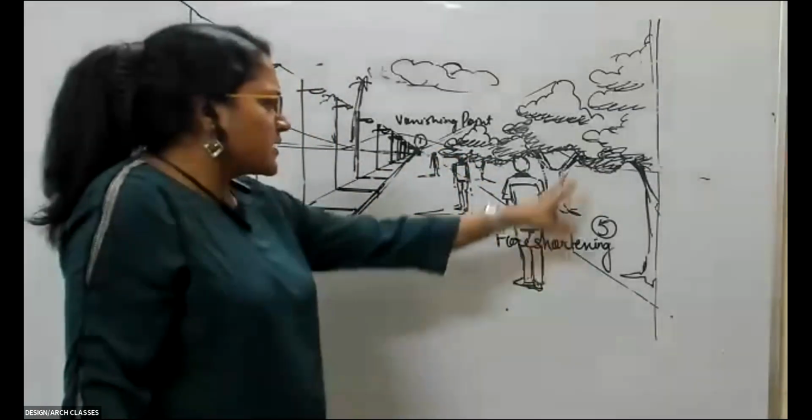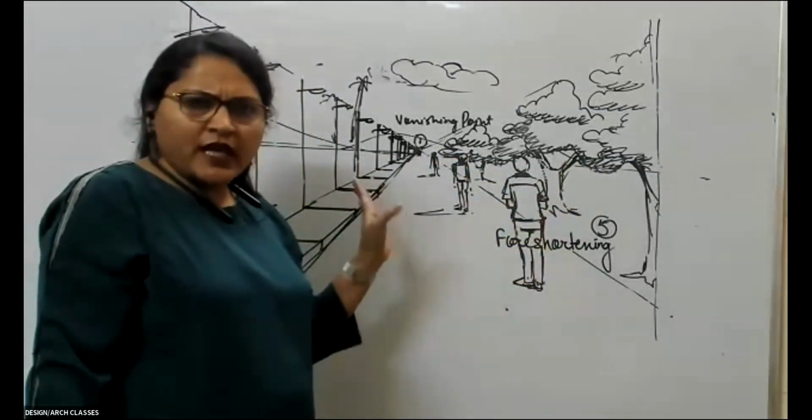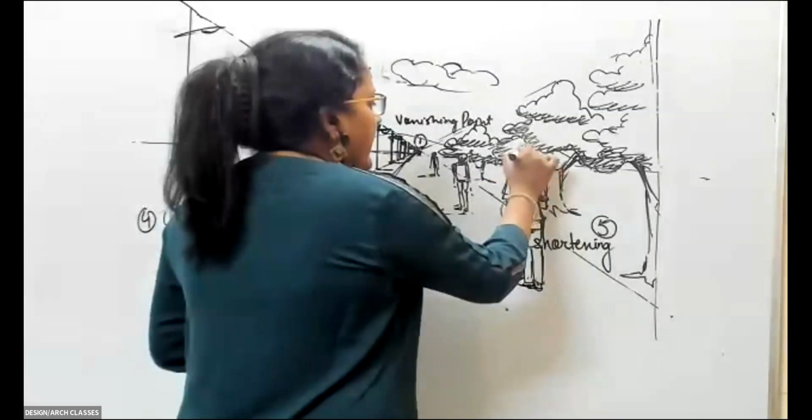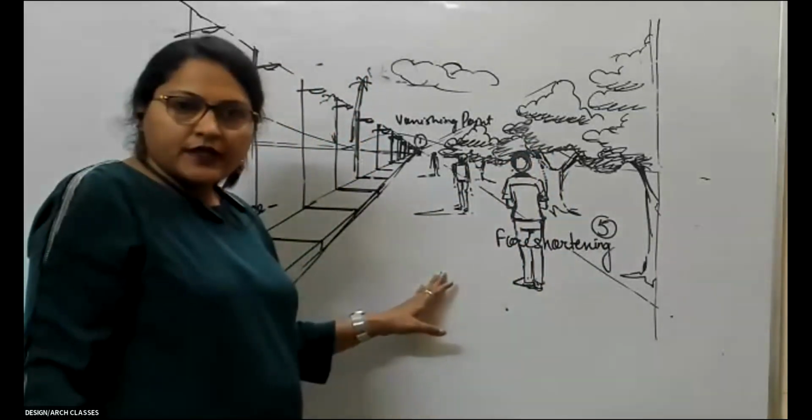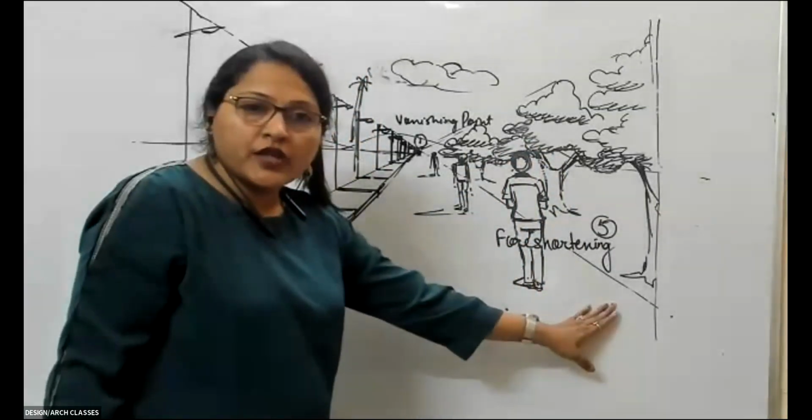Are they proportionate? Are they looking proportionate? हाँ, okay. ठीक है, इतना ही बड़ा दिखना चाहिए. ये मेरा eye level है. Line of horizon है, so here I have to place my head. ठीक है, so this is foreshortening.